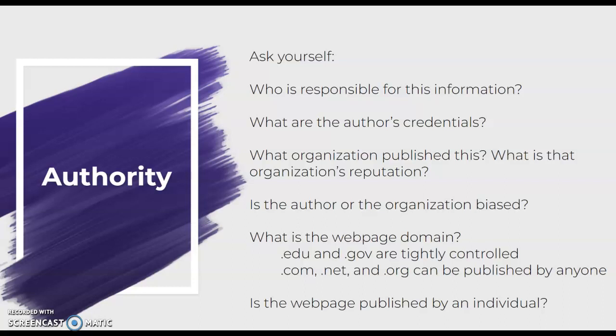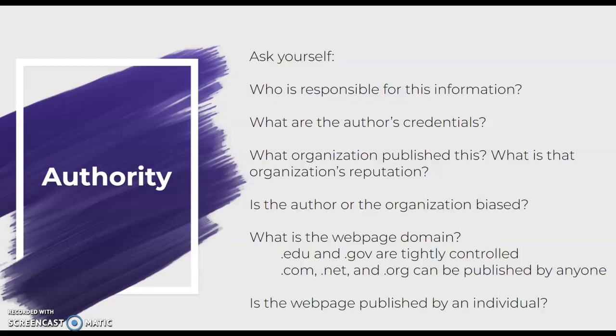We also can look at the web page domain in this case. .edu sites and .gov sites are very tightly controlled. Information that's published on those sites is generally vetted by multiple people before it ends up on the website. .com, .net, and .org can be published by anyone. This is a mistake that many students make.